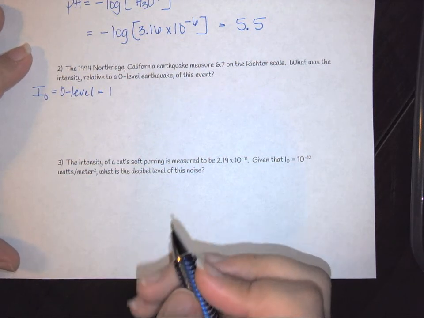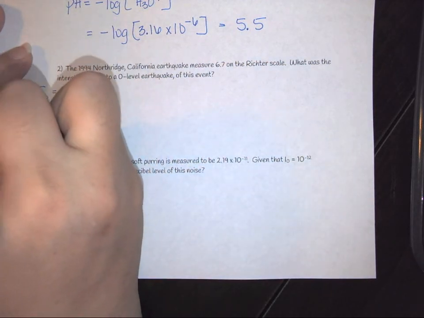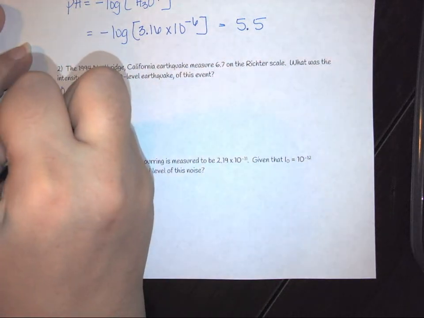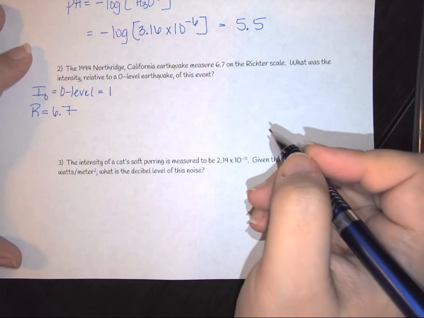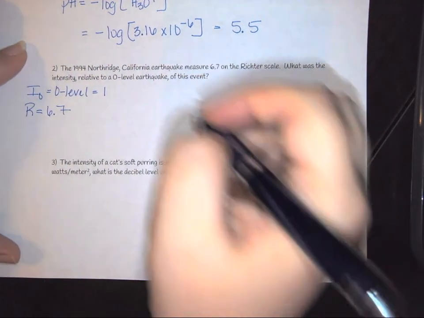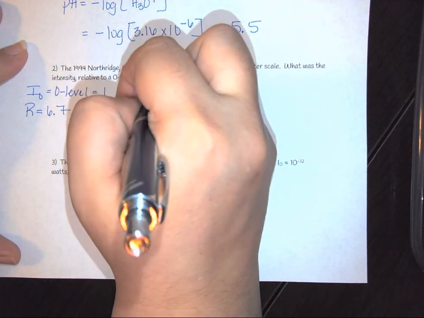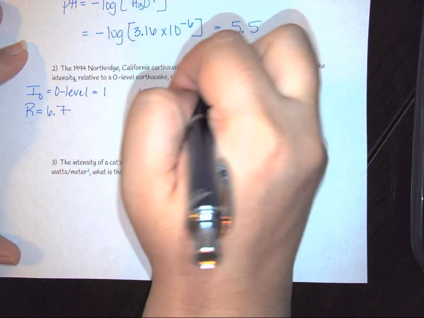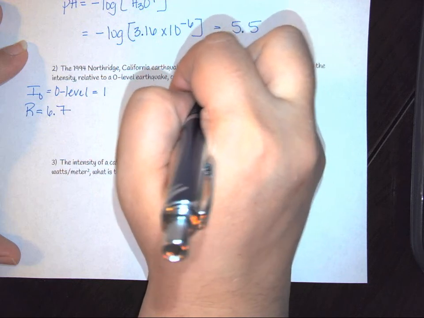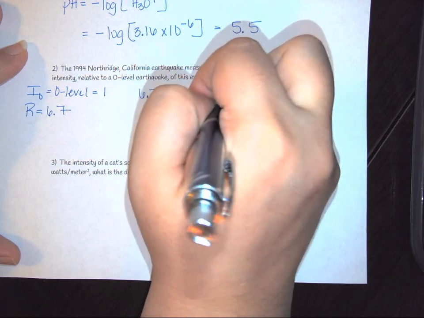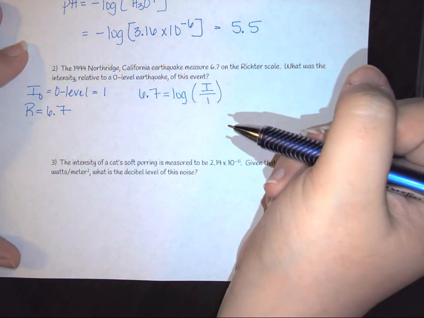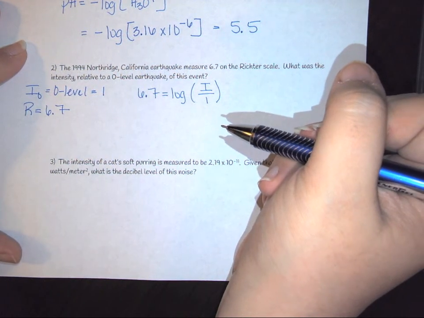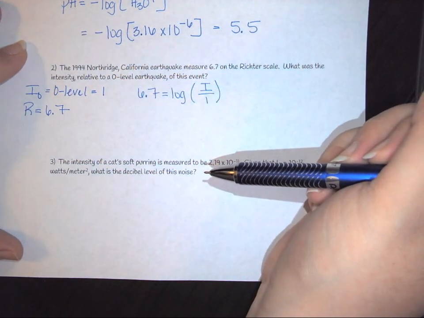So here I'm also telling you that your R value was 6.7. So we need to plug that information in. So I know that 6.7 is equal to the log of my intensity over 1. Intensity is what we're looking for. So I need to solve this.